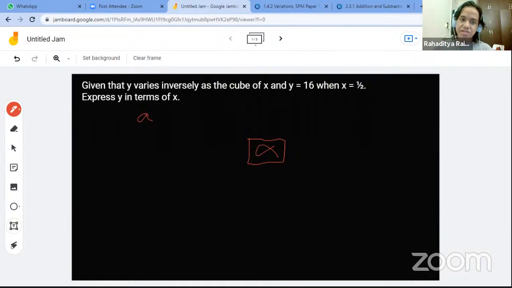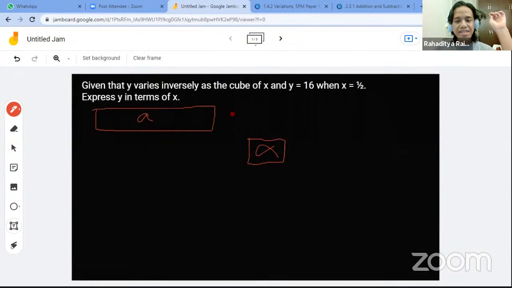Does anyone know how to put this in the form that I showed you guys? The proportional form? Yes, thank you, Rachel.